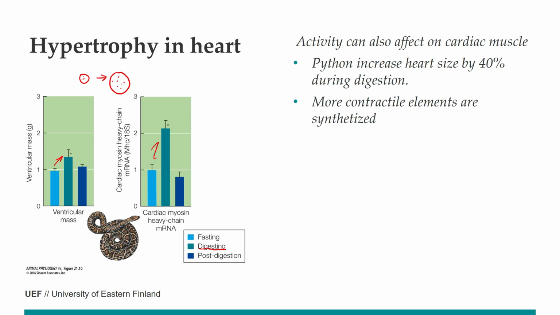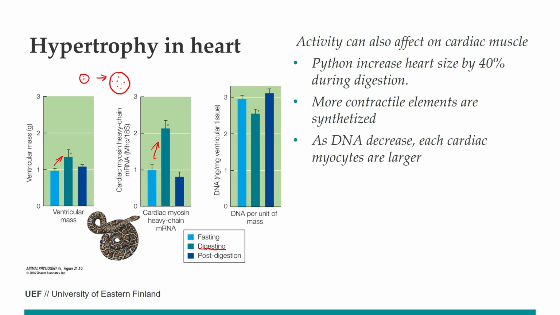These genes are upregulated about twofold, so you have many more contracting elements. But at the same time, you can see that the DNA is lowered. That means there is not a single cell more in the heart, but these cells become larger. So that's why it's hypertrophy.